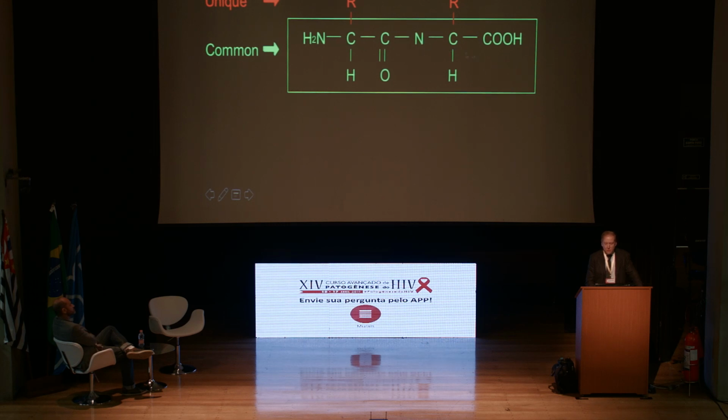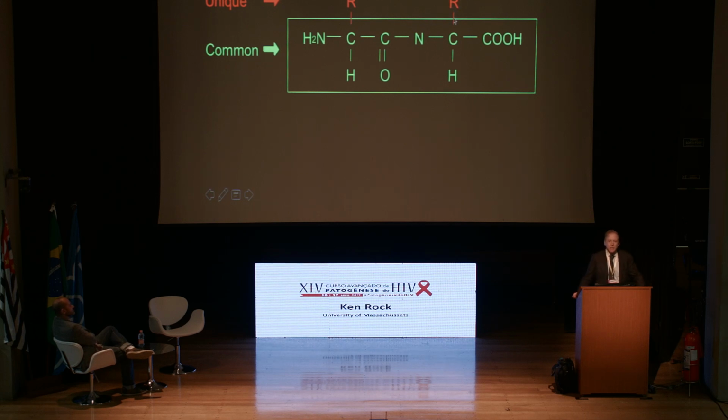And regardless of the amino acids, this is all common, what's shown here in green. The only thing that differs from amino acid to amino acid is the side chain. So you could imagine that if you made a receptor that simply focused on the common regions of the peptide, you could bind all sequences, right?